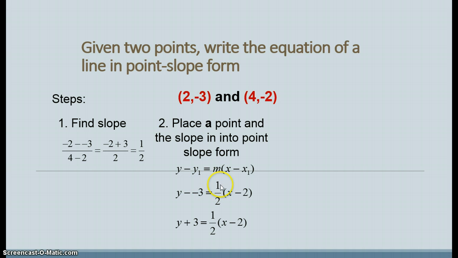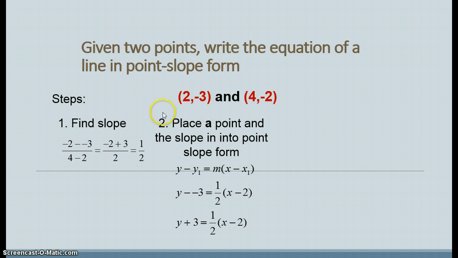So we just replace them with the slope that we already found. y minus 3 equals 1/2, which is the slope, times x minus 2, which is the x1 factor. Then y plus 3 equals 1/2 x minus 2.